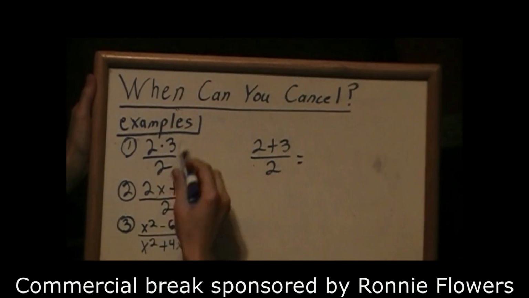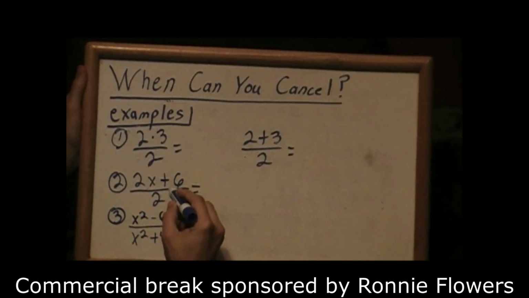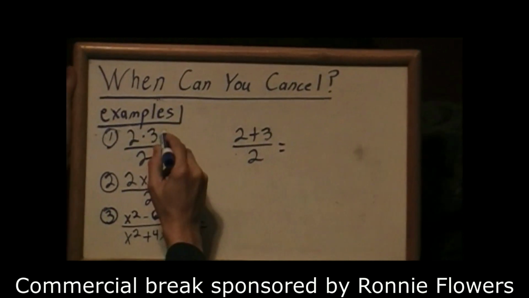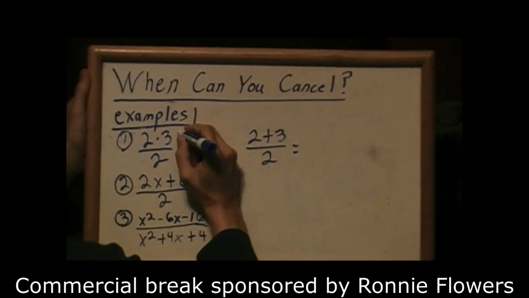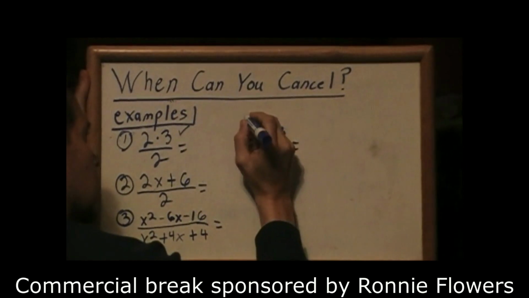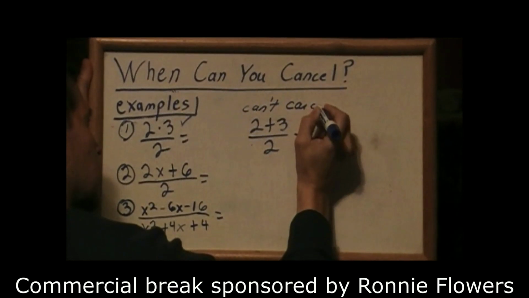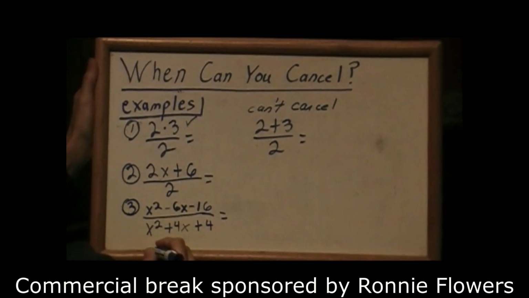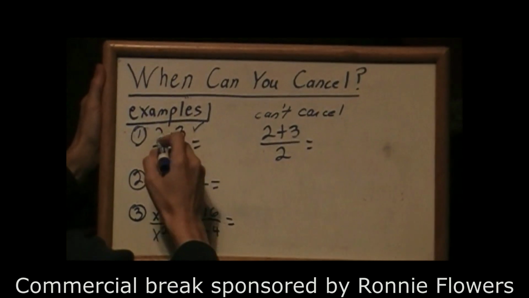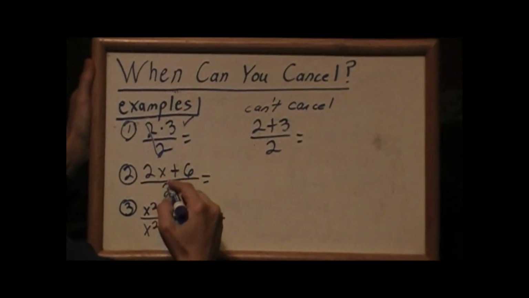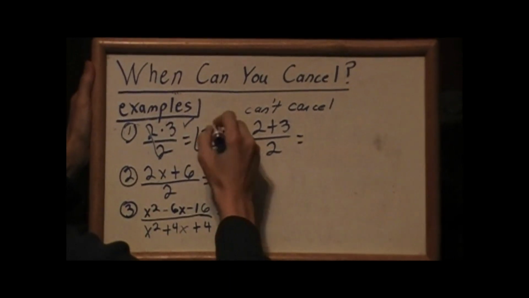When can you cancel? Tell me when can you cancel? I can cancel when I multiply, but add or subtract I dare not try. Tell me how can you cancel? Factor the numerator and denominator. If the top and bottom match, then become the slasher.